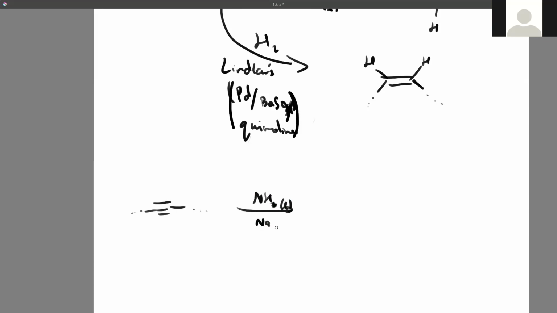It forms free electrons. Yeah, exactly. So there are all these electrons floating around. And they see this alkyne, so what do they do?